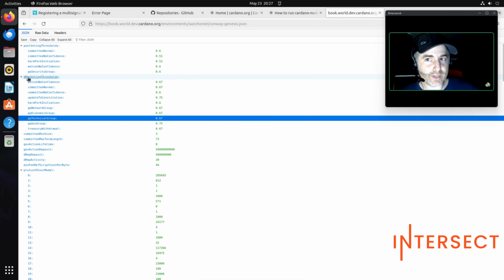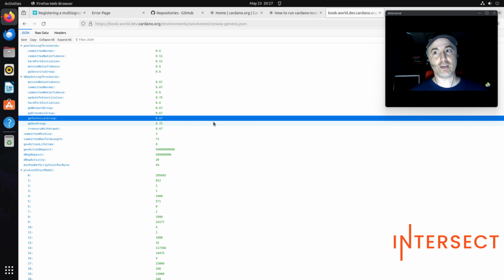But I'm not too worried about the DReps because, like I mentioned, very often it's a self-healing system. If you can't manage to cross a threshold because there's too much inactivity, and the inactivity of the DReps is seen as a no vote, right?